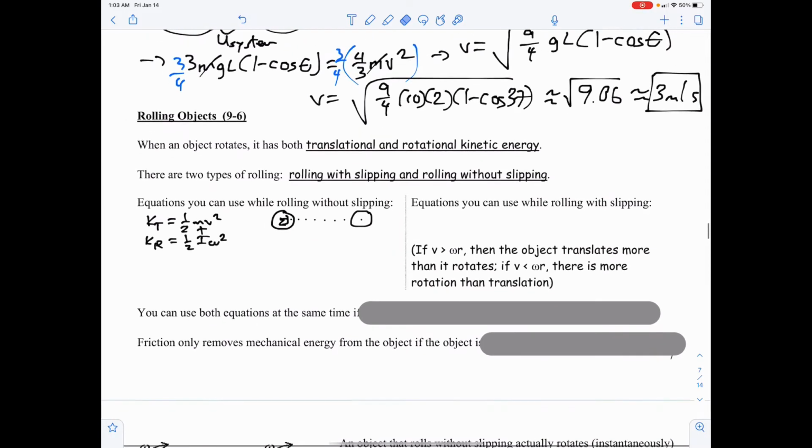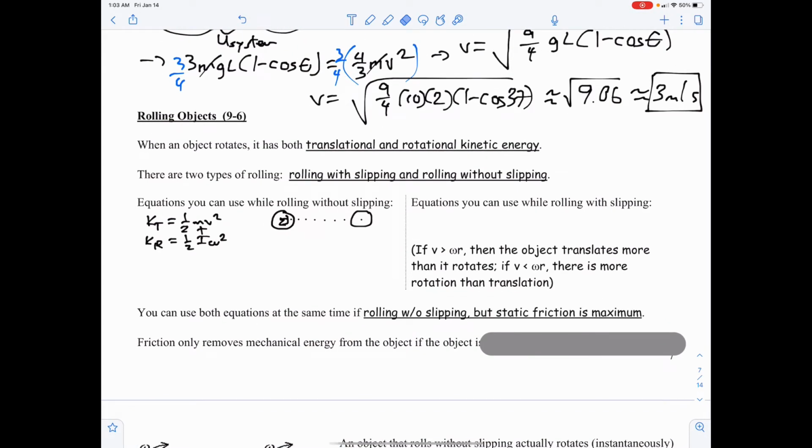So we can use both equations at the same time if rolling without slipping. But the static friction has to be a maximum, meaning there's no other values of static friction. It's just the max static friction. Friction only removes mechanical energy from the object if it slips. So if it slips and it skids on a surface, then you've got mechanical energy lost due to friction.